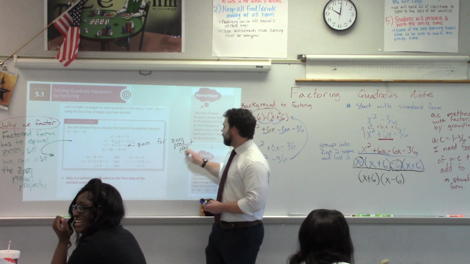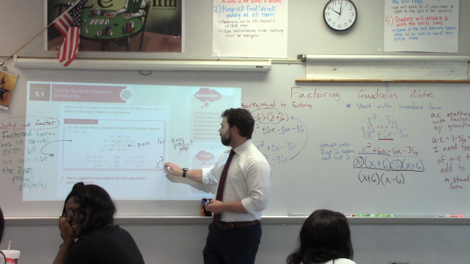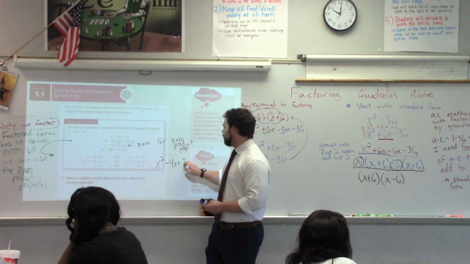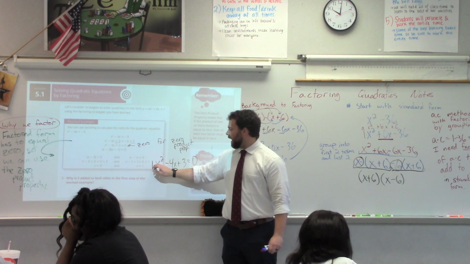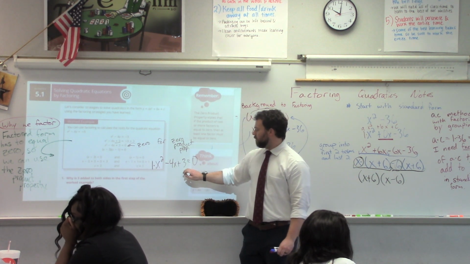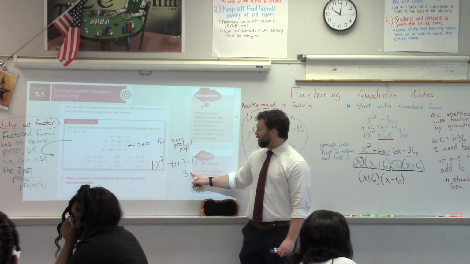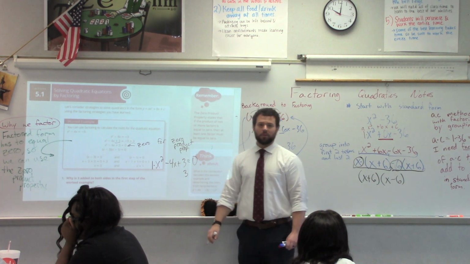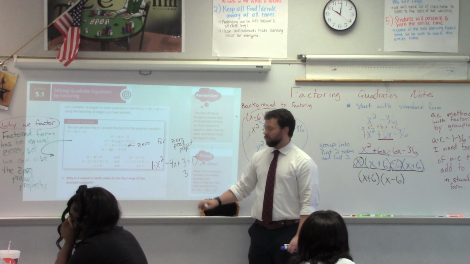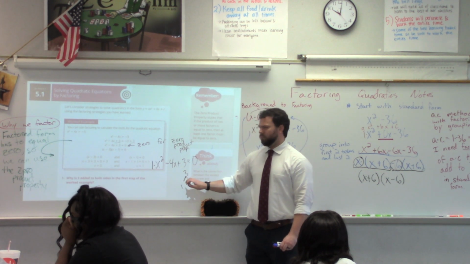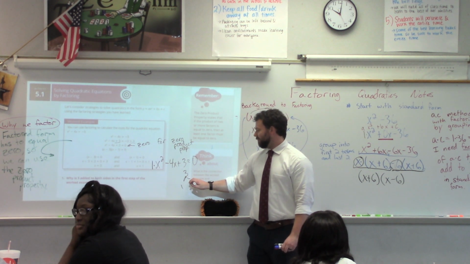We want that. Now, we have the x squared minus 4x plus 3 equal to 0. So remember, I need factors of, what's 1 times 3? 3. I need factors of that 3 that would add up to be a negative 4. I mean, what are the only factors of 3? 1 and 3.